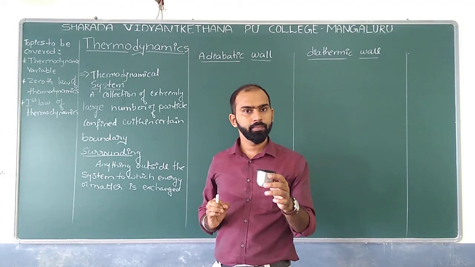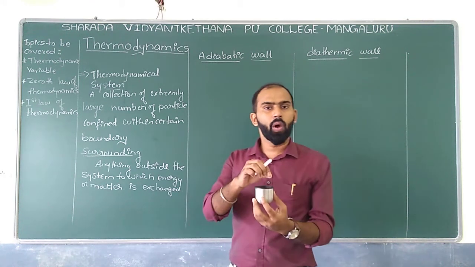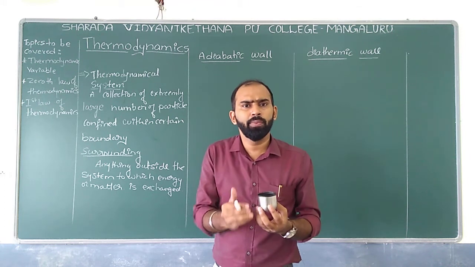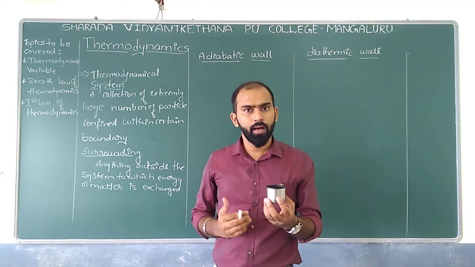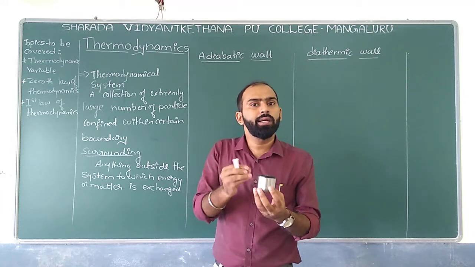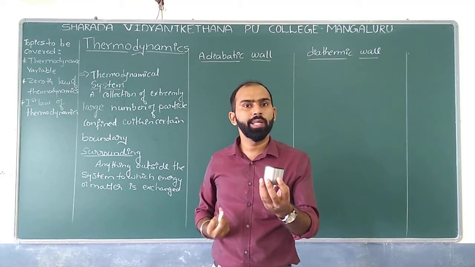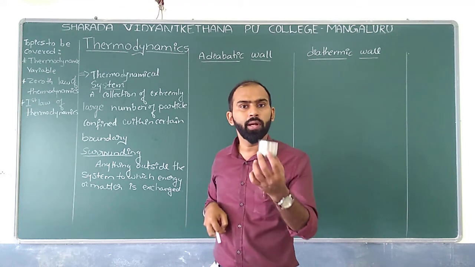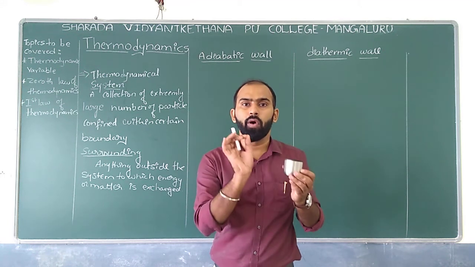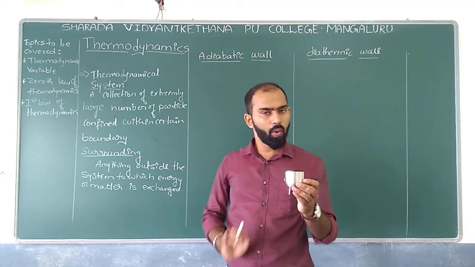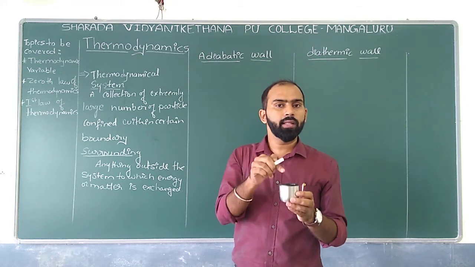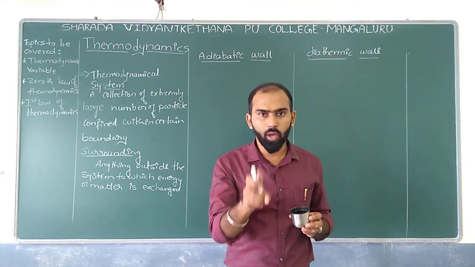In the sense, don't you think this water inside the cup, this liquid, is made up of n number of particles? Are you getting it? Now, don't you think these n number of particles are confined within a certain boundary? What is the boundary for this water? Obviously, the cup is the boundary. So the water inside the cup is a system, yes or no?